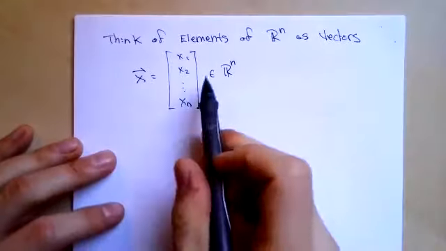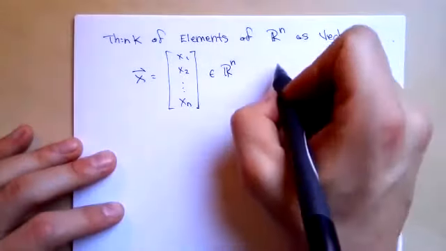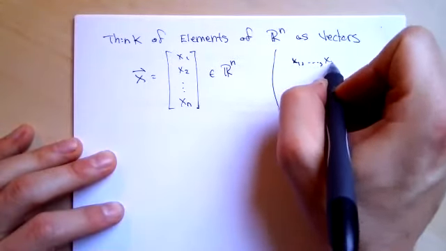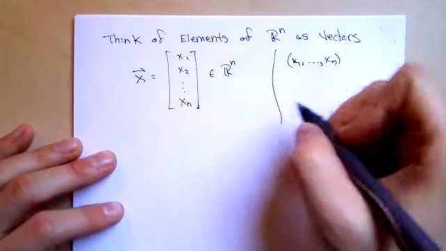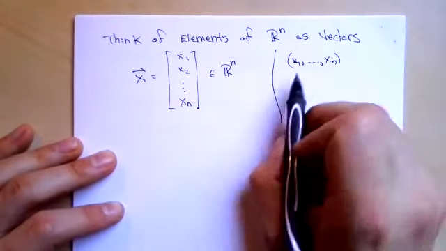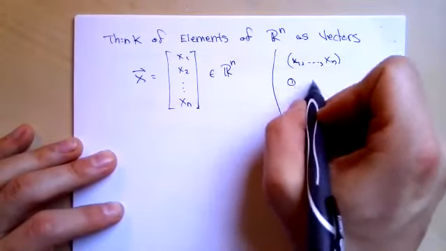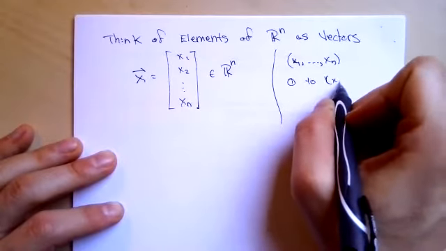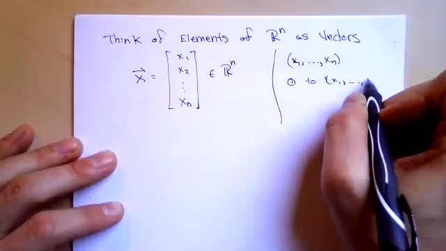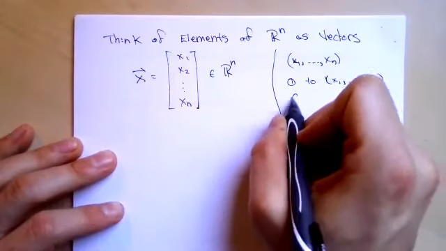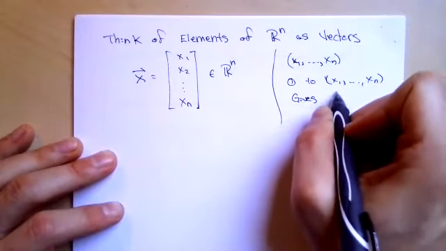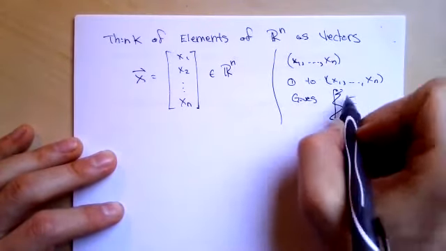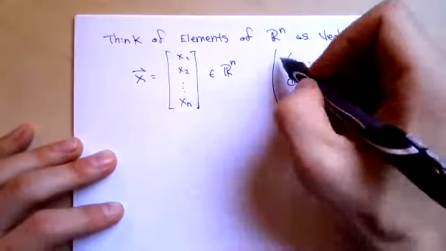You can think of this as the tuple which would give us the point, and then of course the arrow pointing from 0 to the tuple gives the x vector.